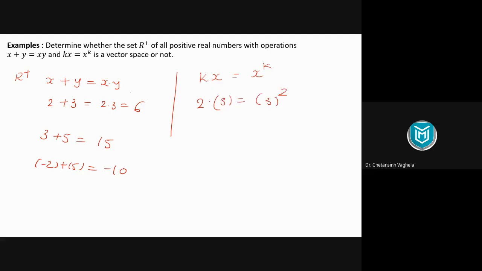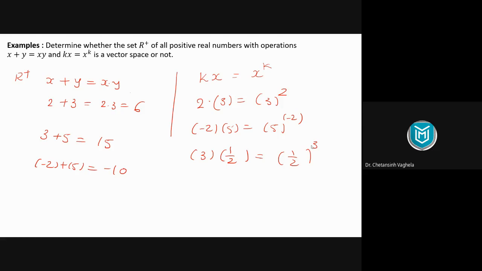Minus 2 times 5 gives 5 power minus 2. And 3 times 1 upon 2 gives (1 upon 2) power 3. Whatever your object is, the scalar k moves to its power. This way the scalar multiplication is defined.